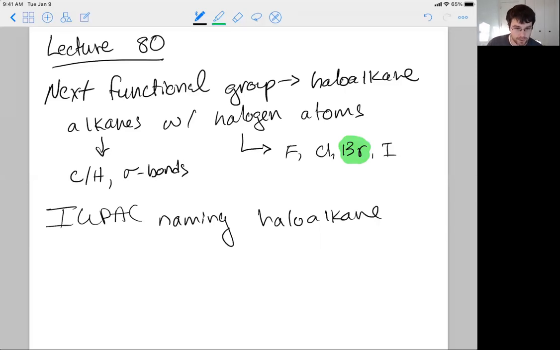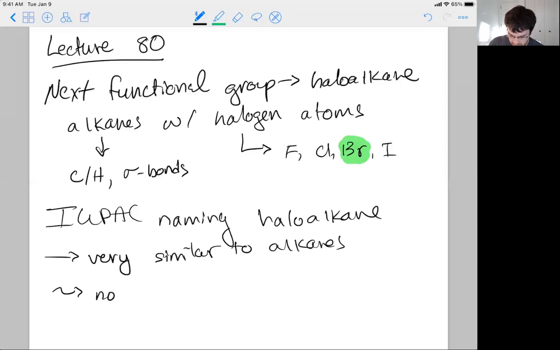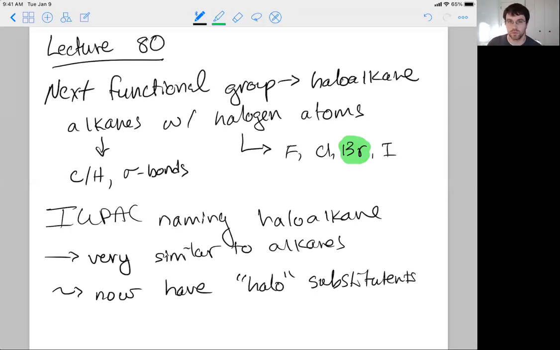And so what we have to recognize is a lot of it is very similar to alkanes. And the only major difference is that we now have halo substituents. So the halo substituents, these are the groups now hanging off of the parent chain that are halogen atoms.